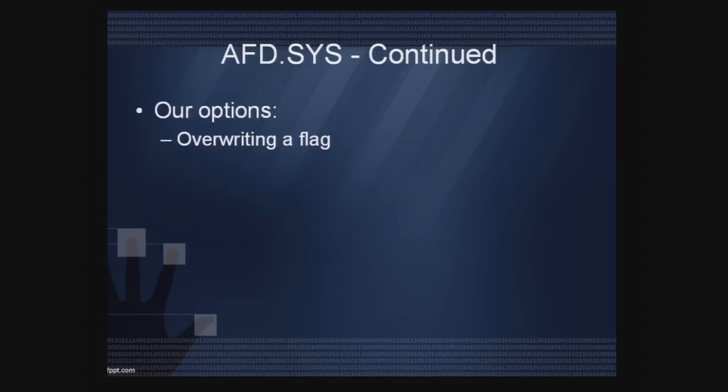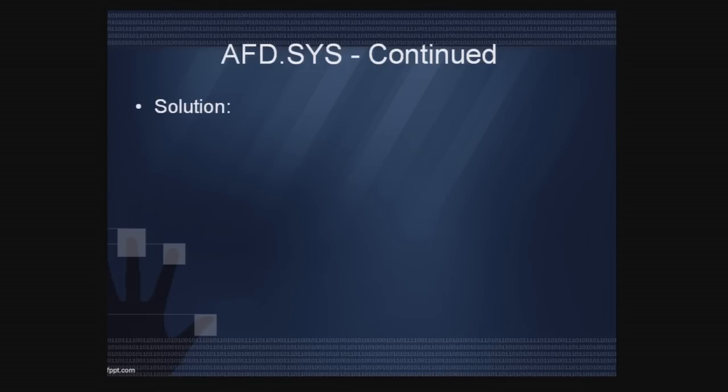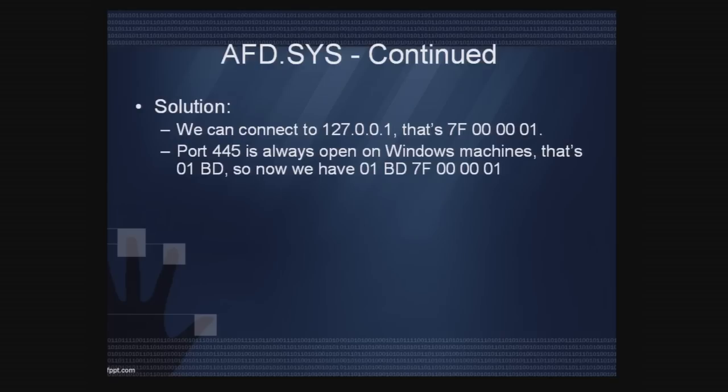Basically, your options: you can override a flag somewhere, and hopefully that will allow you to do stuff that you're not meant to do. Or maybe you don't even need to control the data. So let's see. If we connect to 127.0.0.1 localhost, that's 7F.0.0.1, port 445, open on any Windows machine, that's SMB.